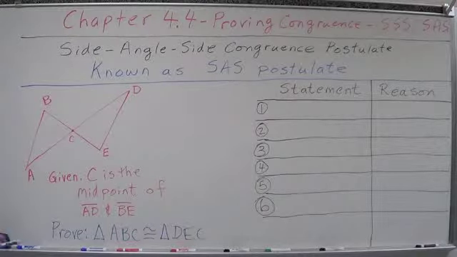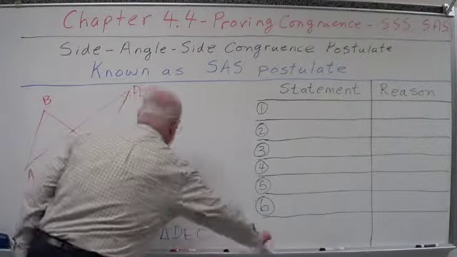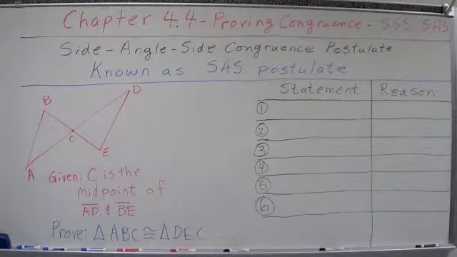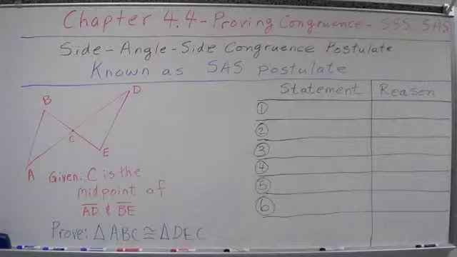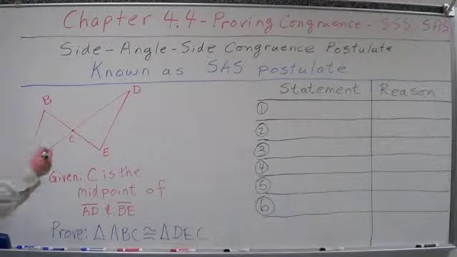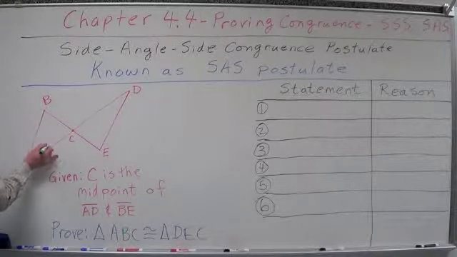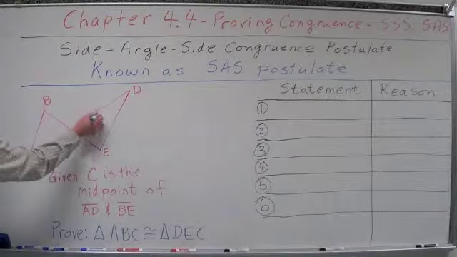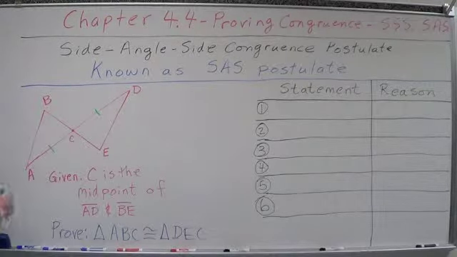If C is the midpoint of segment AD, what does that mean? C is the midpoint. That means it bisects that segment. If you bisect the segment, you cut it in half, creating two congruent segments. So that means that AC is congruent to DC. Why do I say DC?